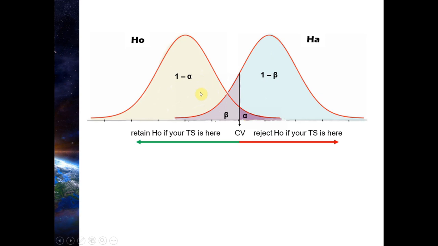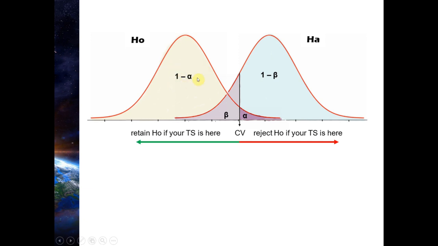Now, hopefully, you can see that there are 4 areas, and those 4 areas represent the 4 possibilities of hypothesis testing. I said that there were 2 types of correct decisions.